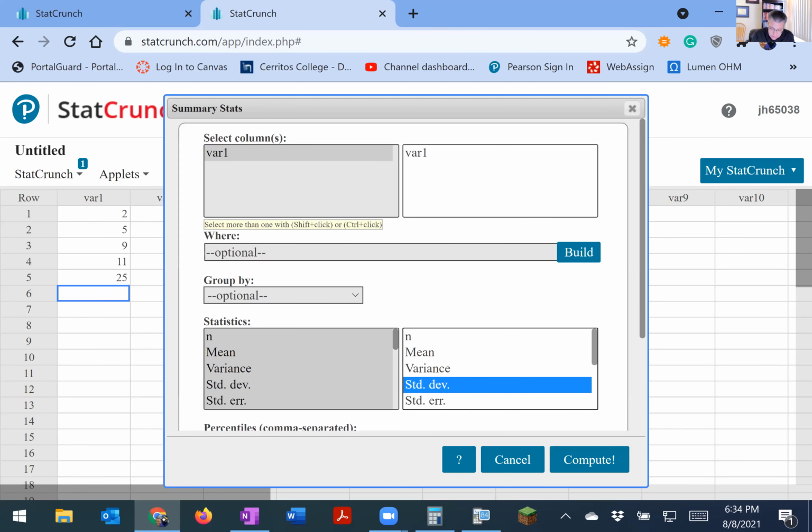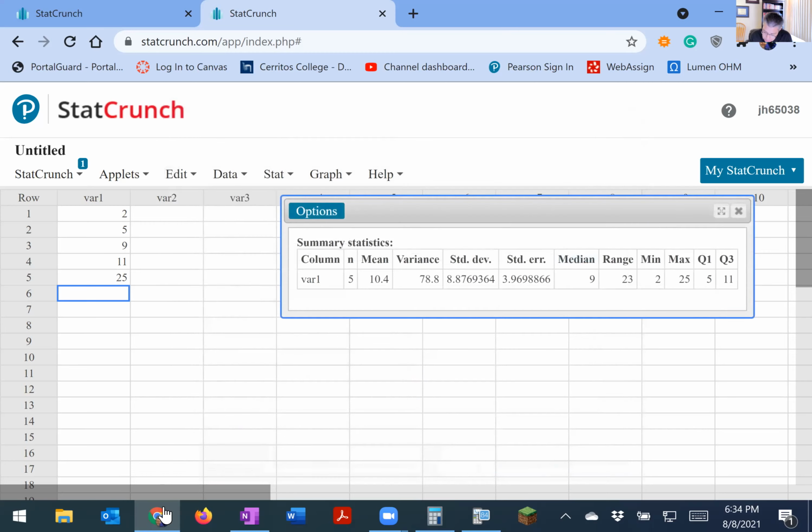I hit column variable 1 to bring up my variable 1, and then it has standard deviation. That's going to be my sample standard deviation. If I hit compute, that gives me the sample standard deviation, which is 8.87. That's if I were to divide by 4 in my calculation, that n-1.